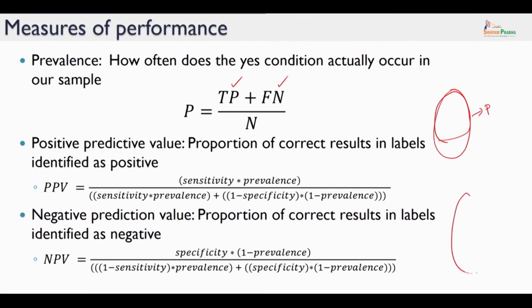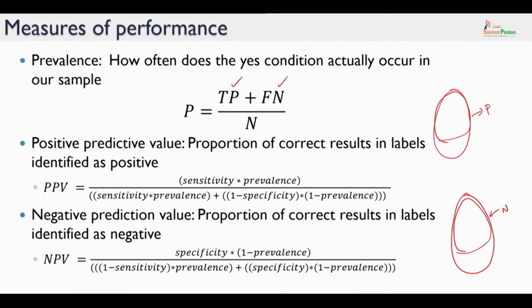Similarly, if a classifier identifies several samples as negative, the proportion of correct results within this is what is called negative predictive value. This is actually something that is used quite a bit, for example, in the medical community. You might understand that this is very important, right?